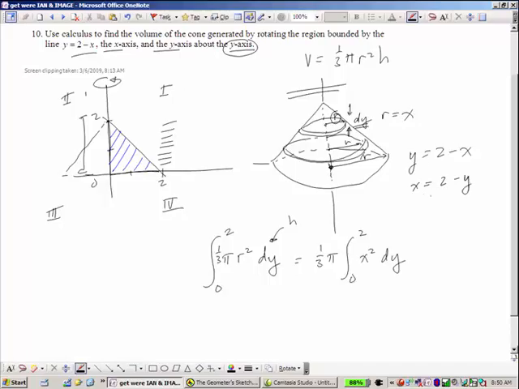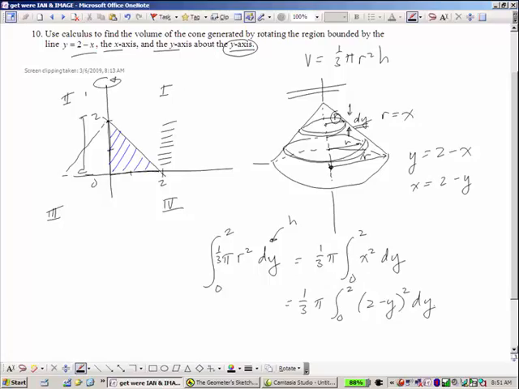Okay. If I add x to both sides and subtract y from both sides, x equals 2 minus y. So look, I can do 2 minus y squared dy.